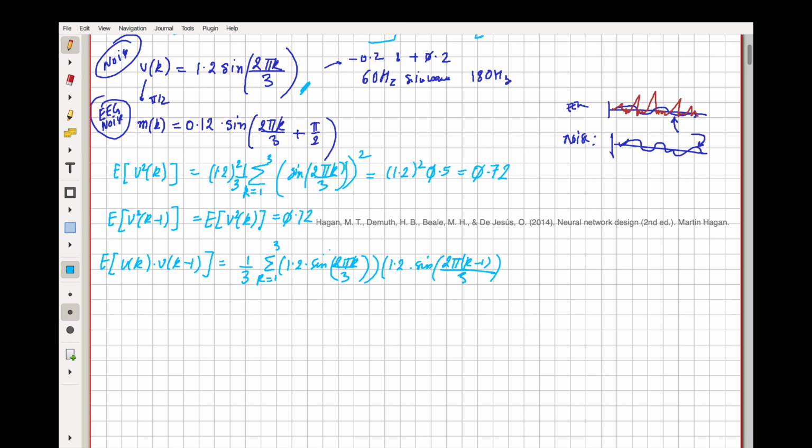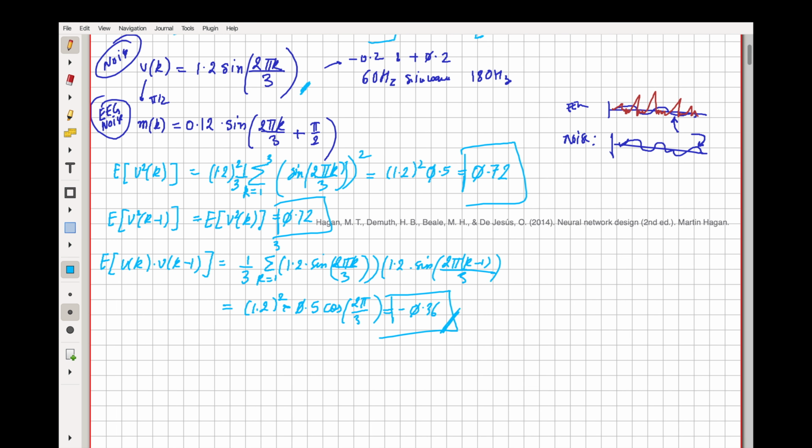If we go through the process and solve it, you get 1.2 squared times 0.5 cos 2 pi by 3, which is equal to minus 0.36. So these are important values we have.